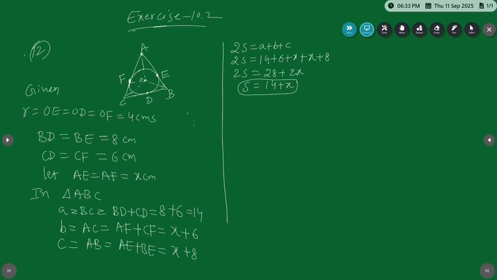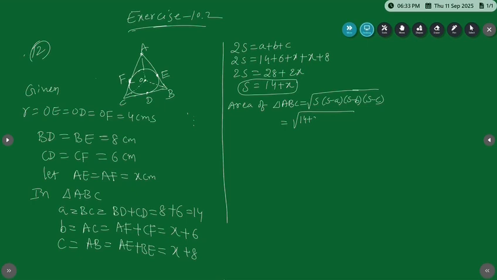Therefore, the area of triangle ABC equals the square root of S into S minus a into S minus b into S minus c. This is the formula for finding the area of a triangle.